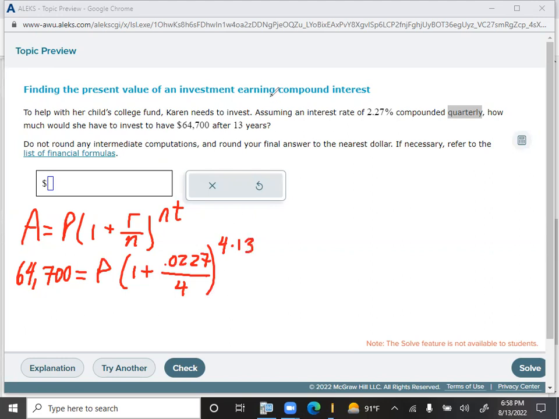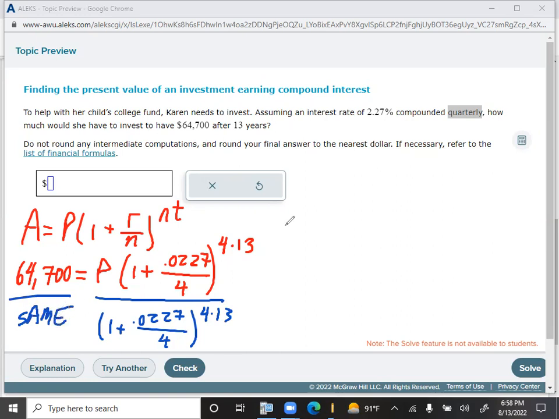Okay. So like I said on the last one, this stuff here multiplied by P, we could plug that whole thing into the calculator and get a single number. And therefore, we could divide by that big thing, and then divide by the same thing over there, because I don't feel like writing it out again.